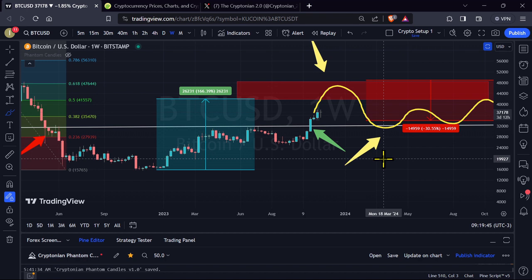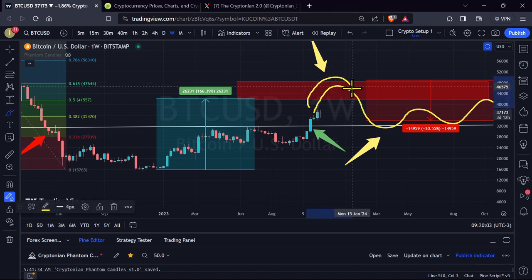But I do think that a 30% correction, 20 to 30, maybe 25% correction is probably very doable, very likely, right?